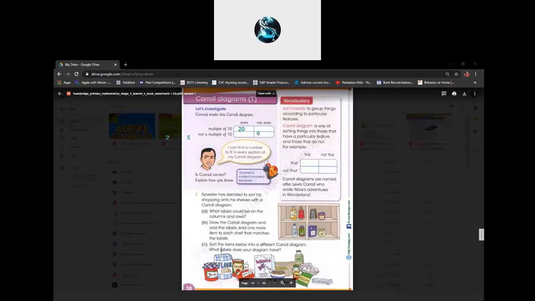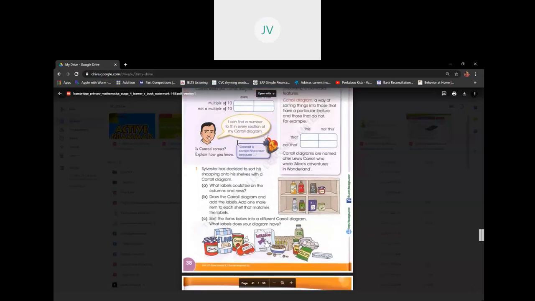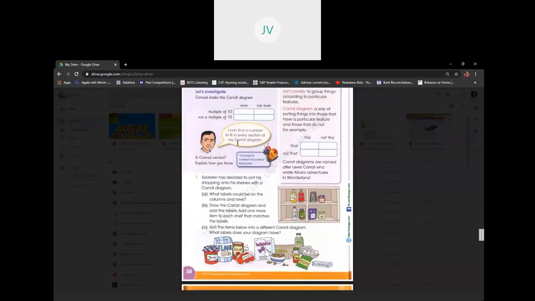Oh, 6 is even. It's 5. The reason why it's not 6 is because 6 is even, and this is the not even side. So the answer should be 5 over here. And even numbers can be divided by 2, at least 2.